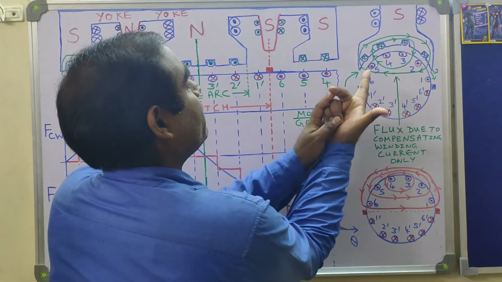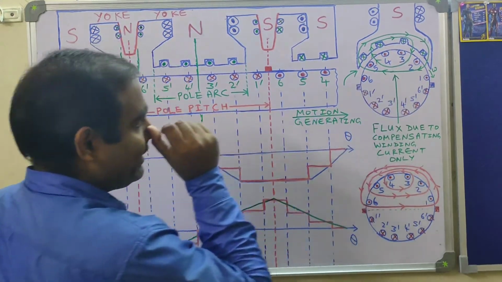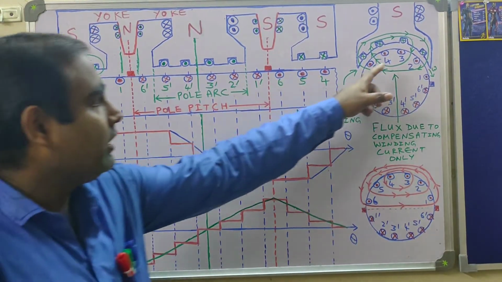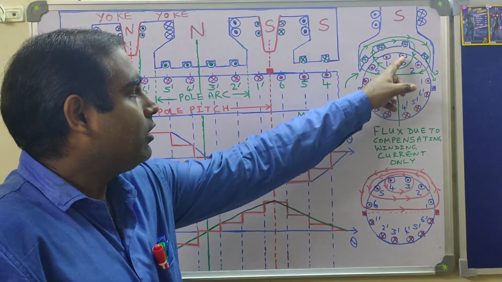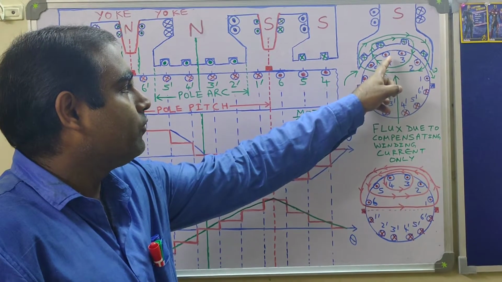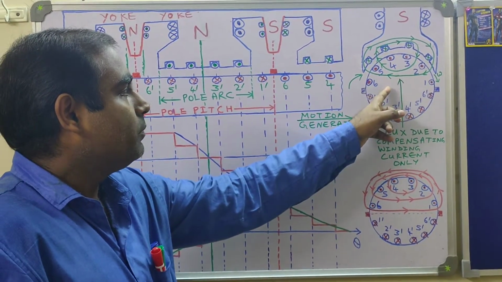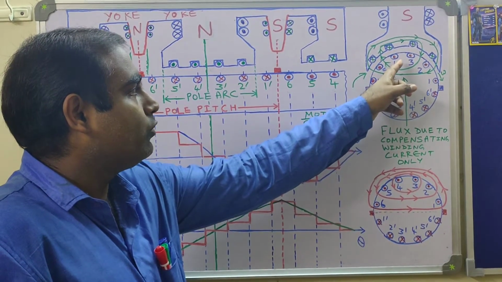You see the middle finger is coming out of the board. That's why conductors 4 and 3, which are in the armature core, are indicated with dot polarity of induced EMF.